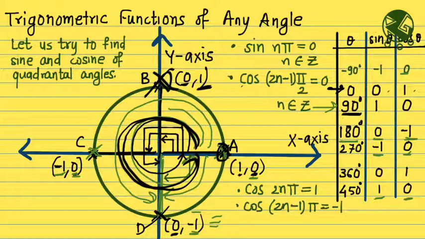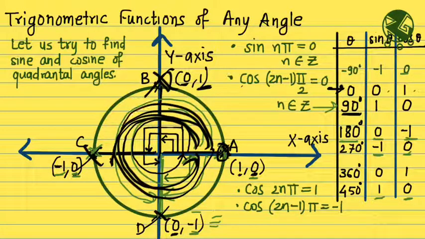Cos of (2n minus 1) pi, that is odd multiples of pi. That means 1 pi, we will be at C, 3 pi, we will be at C, and cos of (2n minus 1) pi is equal to minus 1 for n belonging to Z.